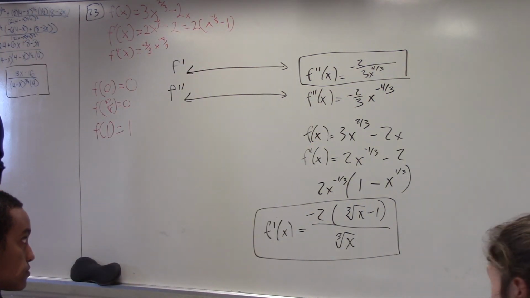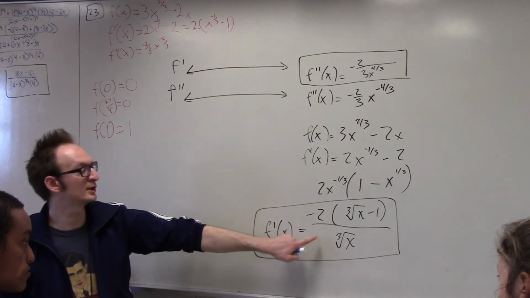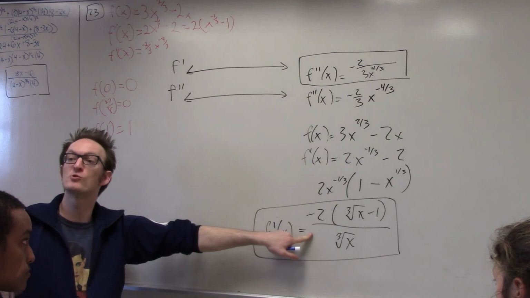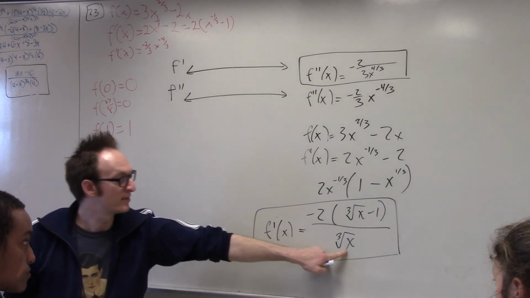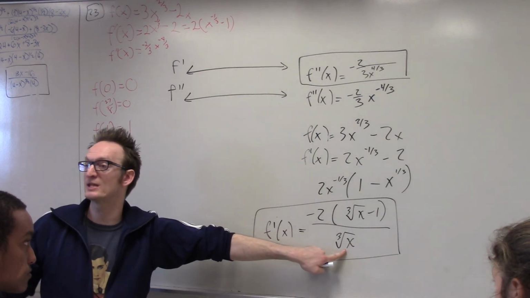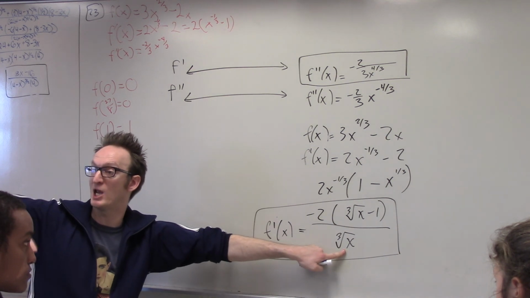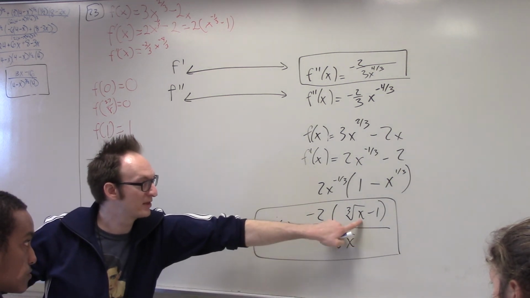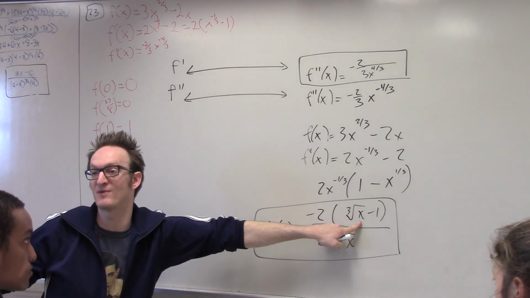Good. Okay, so what is f prime? You have to be smart enough to look at this and see, even though this is not a polynomial, you use your polynomial skills. The bottom is cube root. I know everything there is to know about the cube root function. It changes sign from negative to positive at 0, and this is going to change sign from negative to positive at 1.